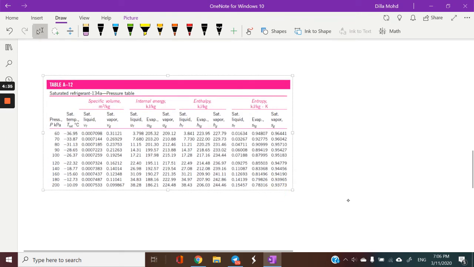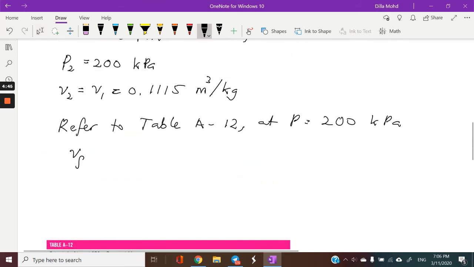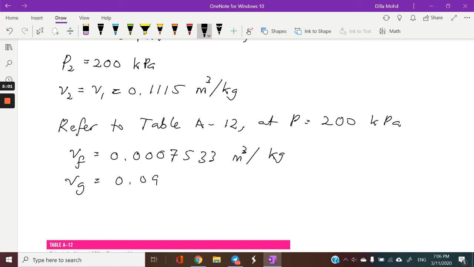We look at 200 kPa and check our v sub f and v sub g. vf is equal to 0.0007533 meter cube per kilogram, and v sub g is 0.099867 meter cube per kilogram.